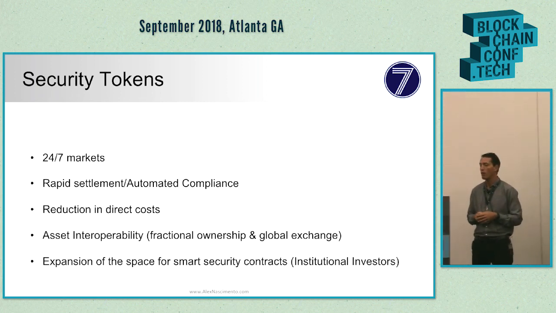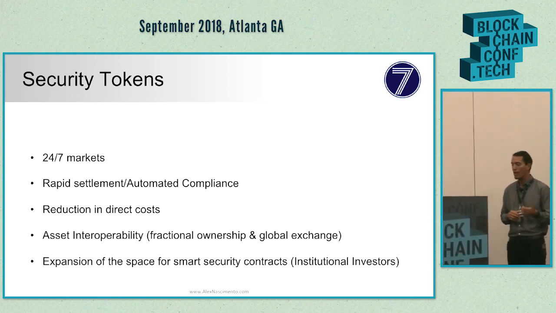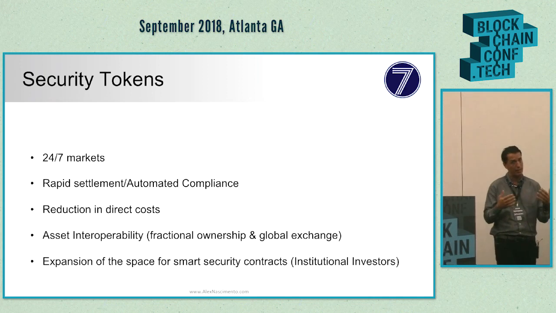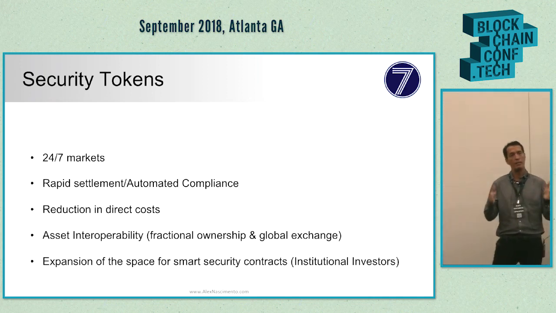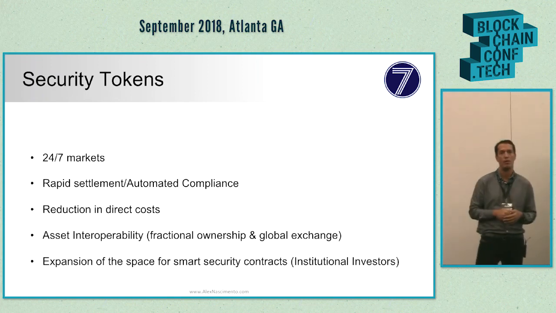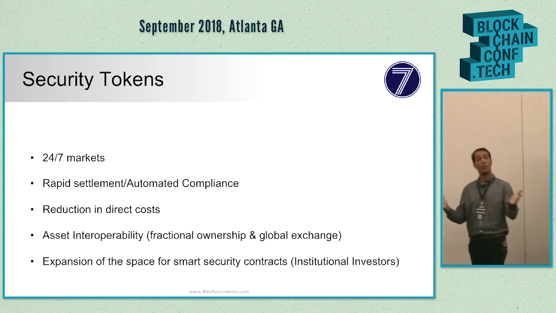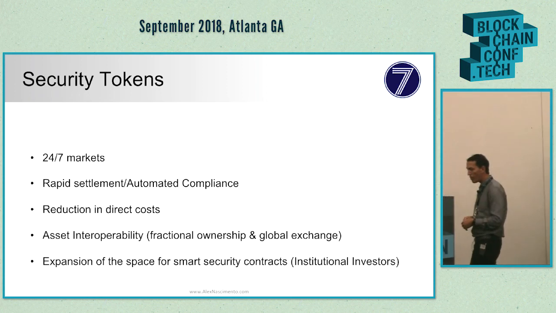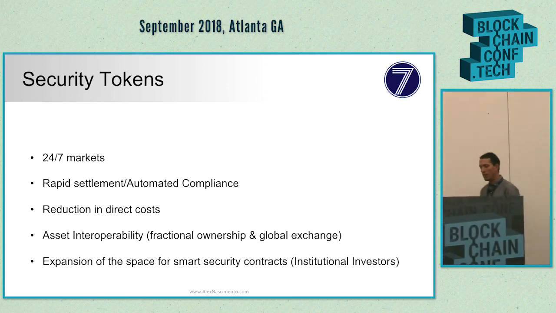But if they are, it will go automatically. Reduction of direct costs and asset interoperability. I could sell a fraction of a house here in Atlanta to someone in China who has never been to Atlanta. All right? And the expansion of the space of these smart security contracts and institutional investors.